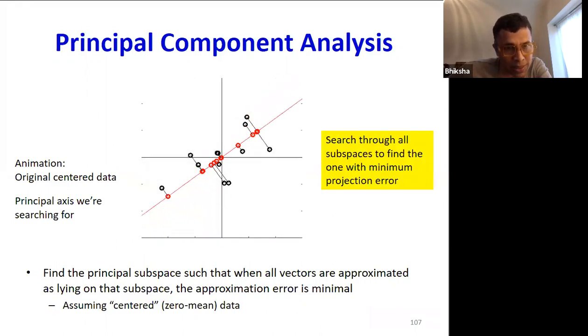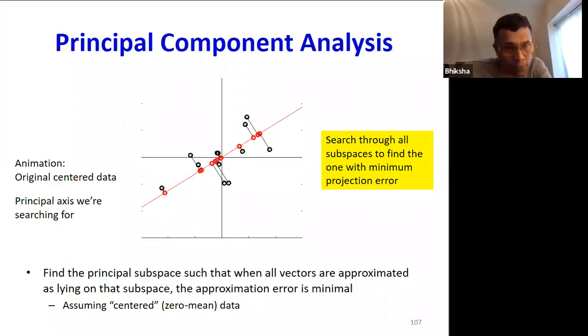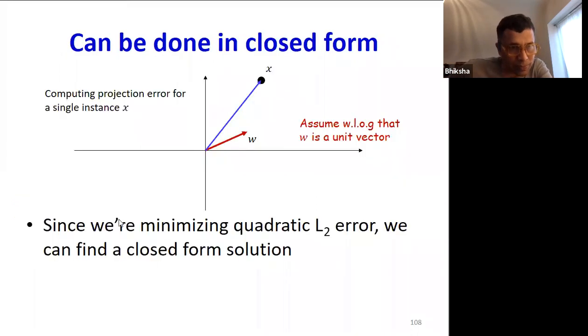So basically, you sort of search through all possible subspaces, and after scanning through all possible subspaces, you find the one where the squared length of all of those black lines is minimized, and that is now your principal subspace. That is principal component analysis.